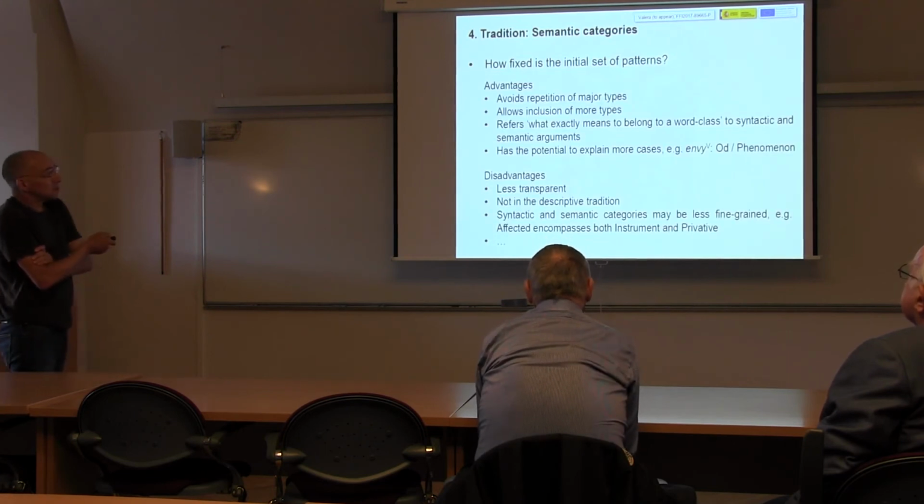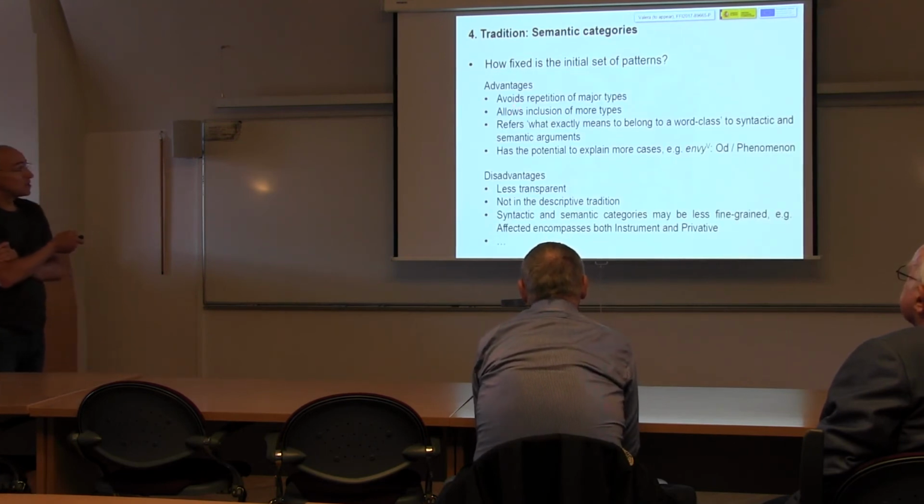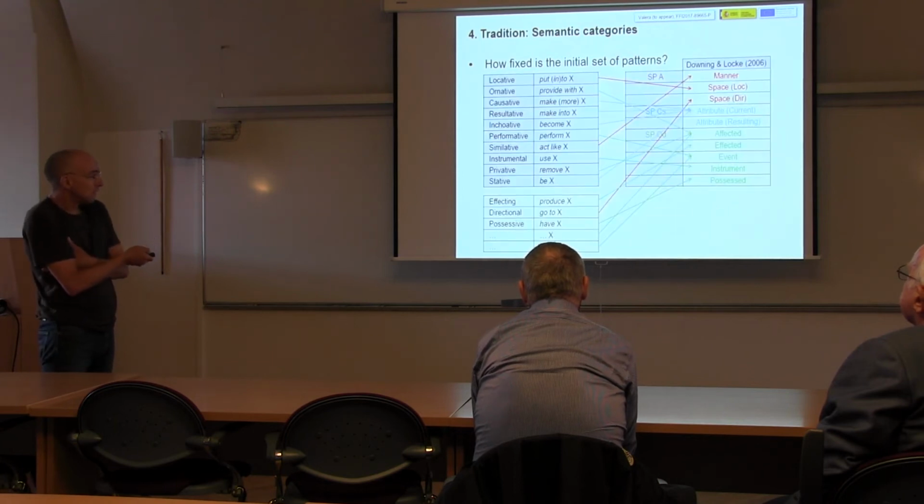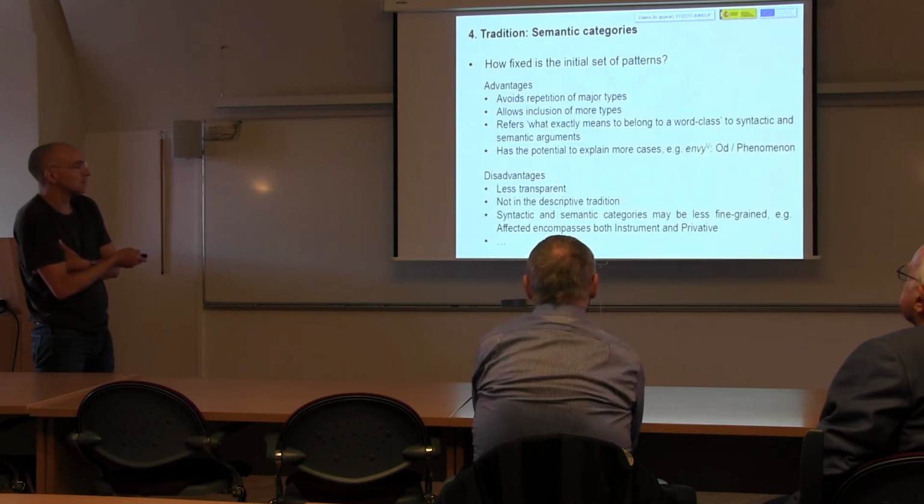Well, the main advantage is that it avoids repetition of major types, attributes, adverbials, and also allows the explanation of more types. Specifically, these two types, and counting out the possessive, which is the example for hair. And again, I am not counting these examples, which I find difficult to describe.